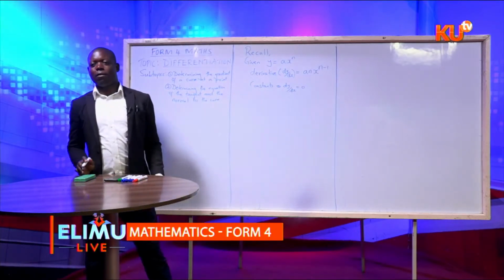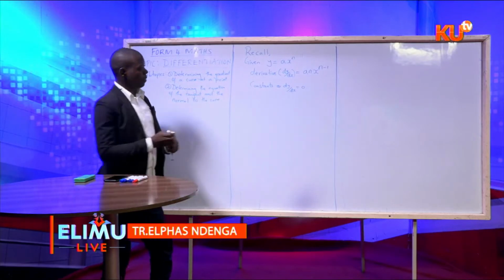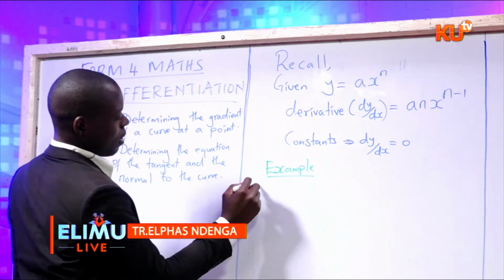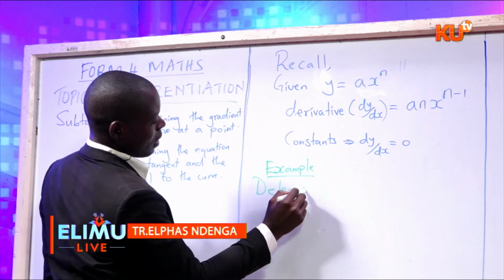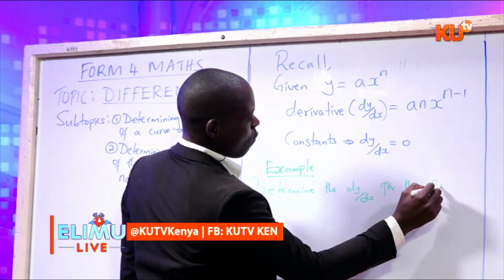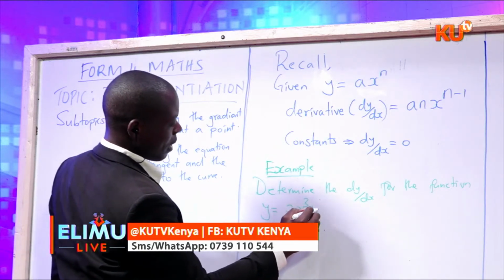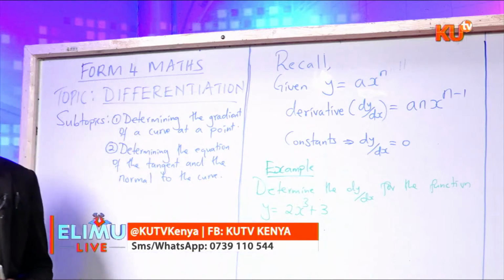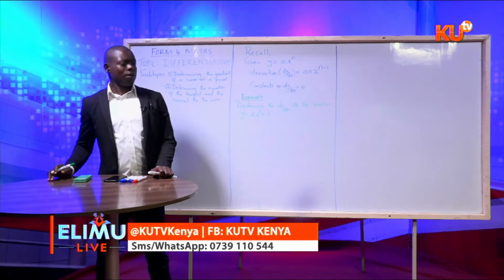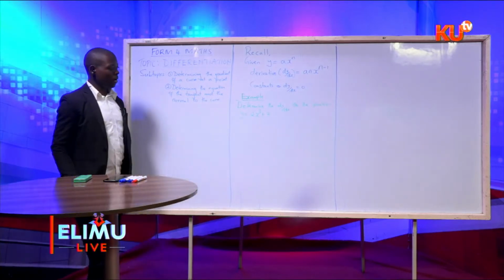Therefore, if I was to give a function of this kind, and you are told to determine the dy dx for the function y is equal to 2x power 3 plus 3.